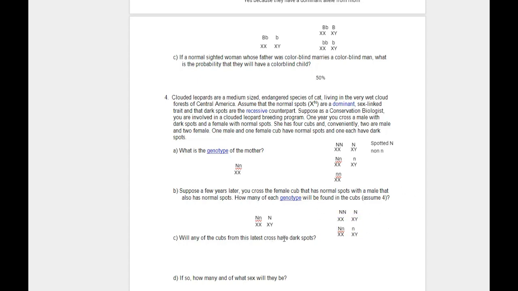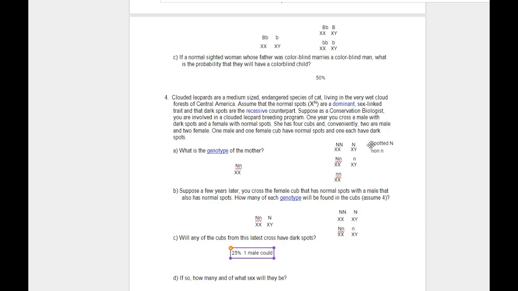Well, do any of the cubs from this latest cross have dark spots? Yeah, one, a male. Or you can say 25% will. Okay, one male. Good. And you don't have to type that part out. We just put 25%. Hopefully you understand that that bottom right-hand corner is the only one.